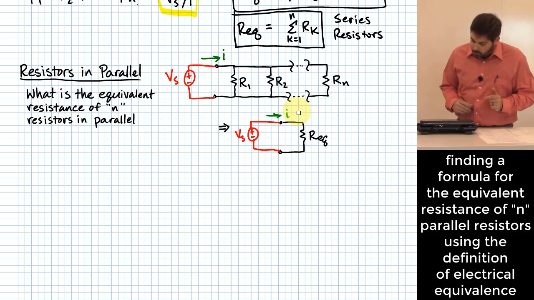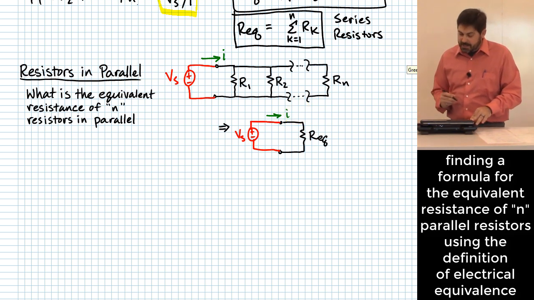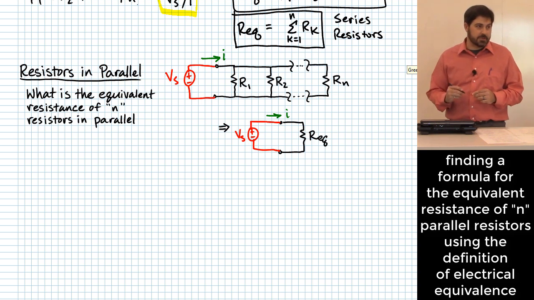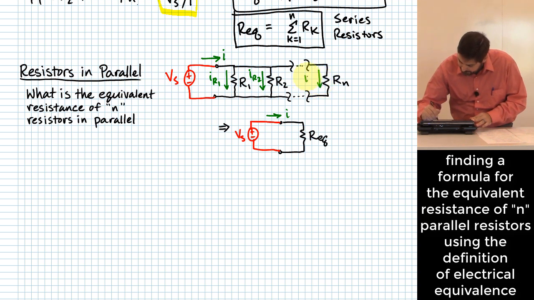So let me also do the other part of this, and that is, let's identify the voltages and currents that we're going to have for each of the resistors. Let's label those: this is IR1, let's call this IR2, and over here, let me call that IRN.